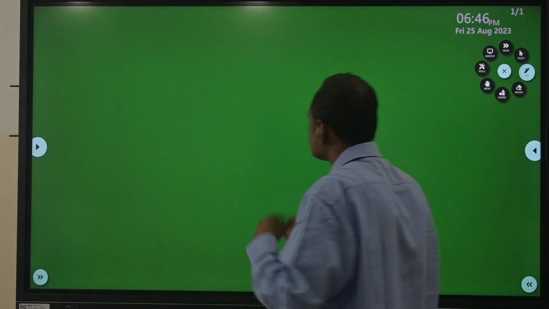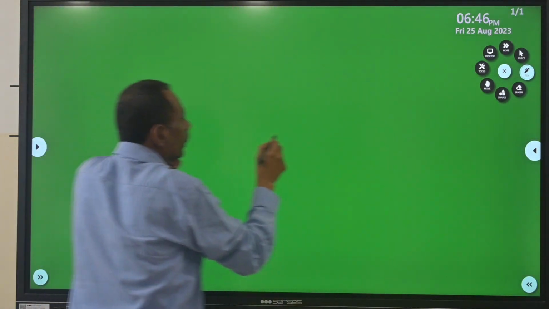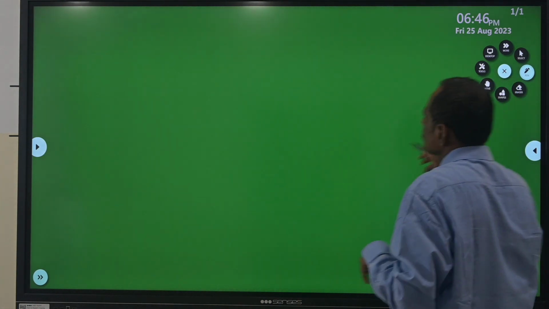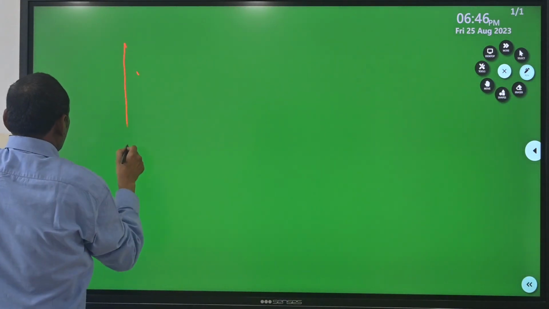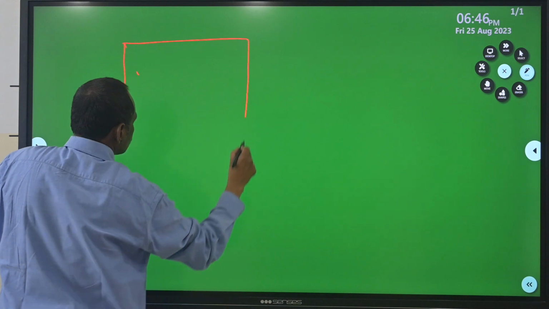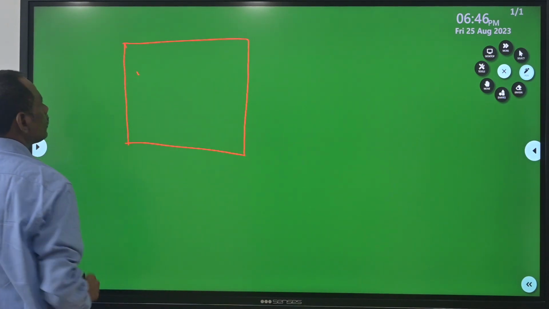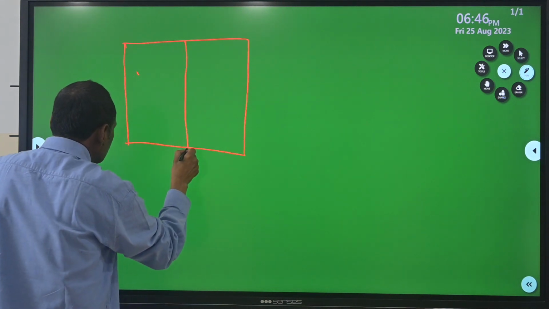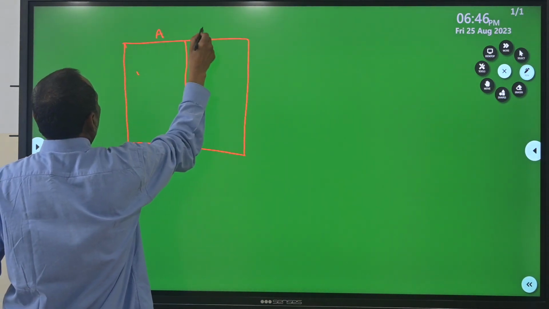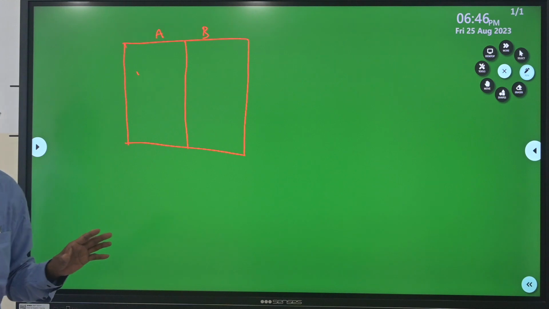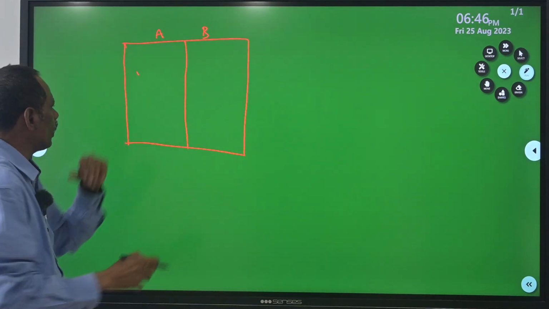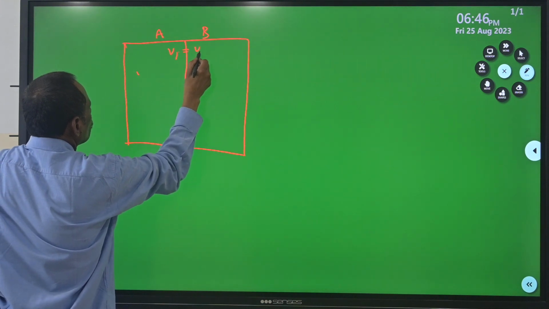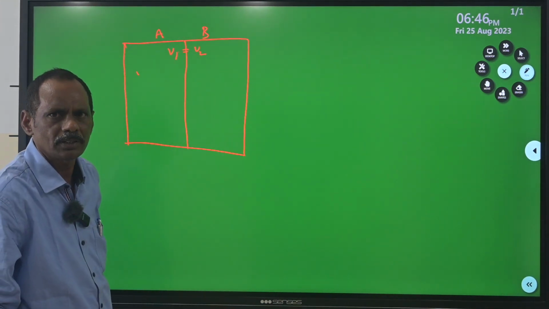Here, a box is taken. That box is divided into two equal compartments, A and B. Let's assume that it is divided into two equal compartments. That means the volume of the first portion is equal to the volume of the second portion.